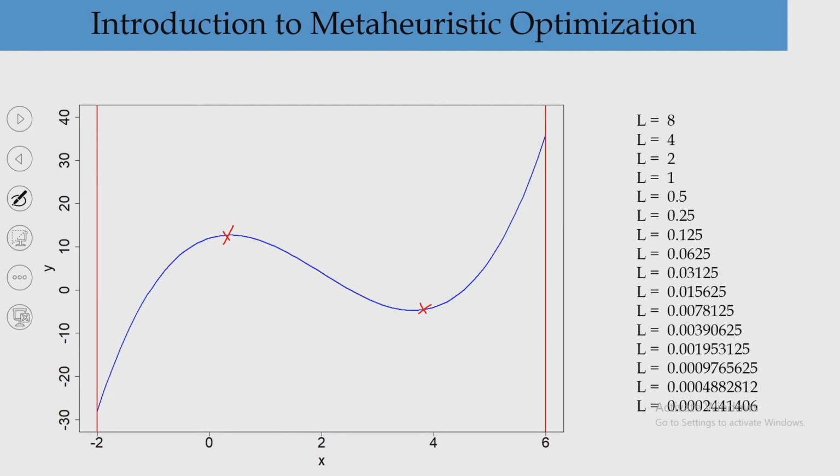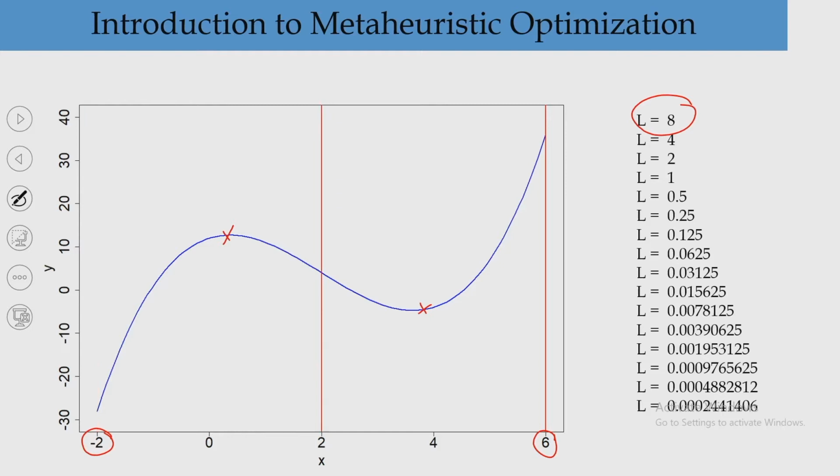Now, if you apply the interval halving method here, I have taken lower bound equal to -2, upper bound equal to +6. Now, this is the initial solution: initially lower bound is -2 and upper bound is 6 and length is 8.